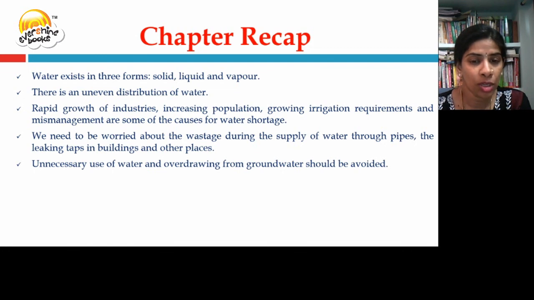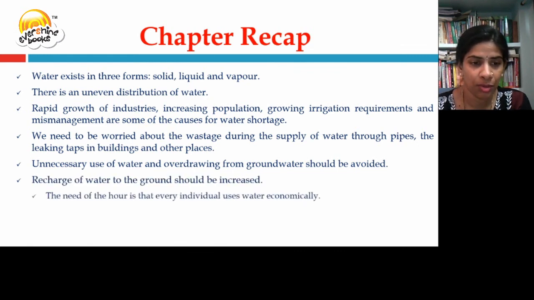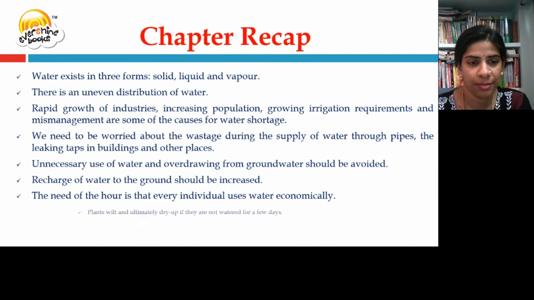Unnecessary use of water and overdrawing from underground water should be avoided. Recharge of water to the ground should be increased. The need of the hour is that every individual should use water economically. Plants wilt and ultimately dry up if they are not watered for a few days.